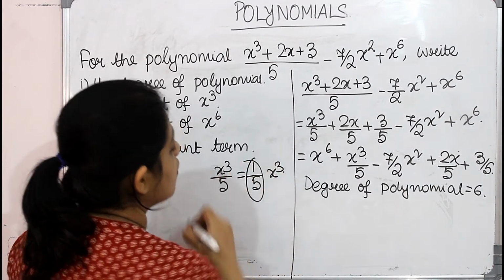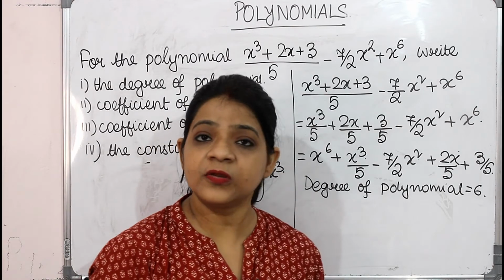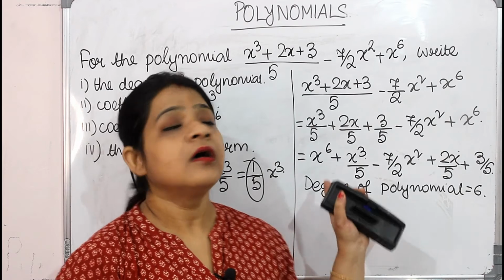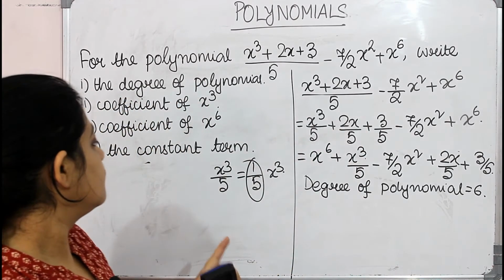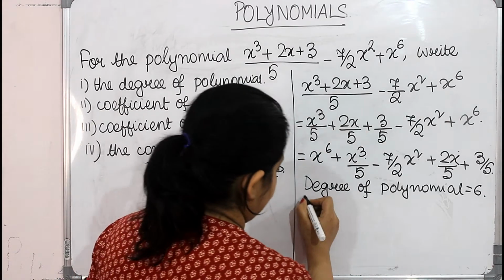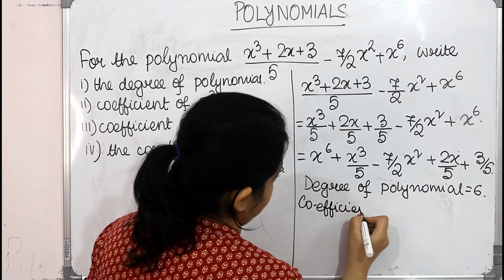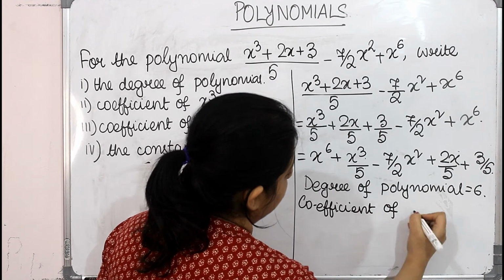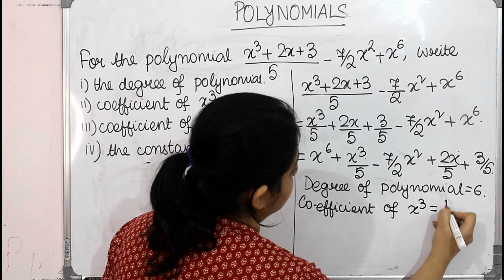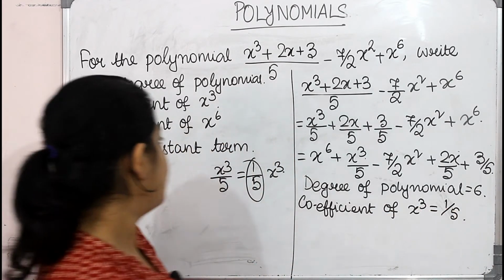So this is the constant that is associated with the variable. So the coefficient of x cube is 1 by 5.